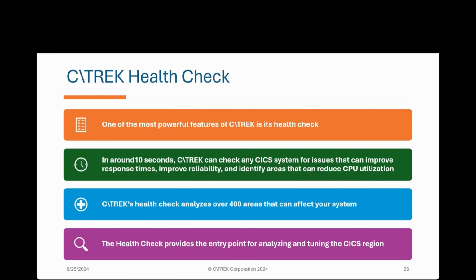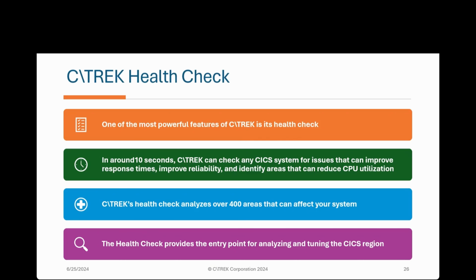One of the most important things you'll be seeing in C-TREC is its health check. The health check is designed to look at the entire system, but you can look at different portions of the system, and you'll see the screen on it. It'll analyze every single resource you have in the system.